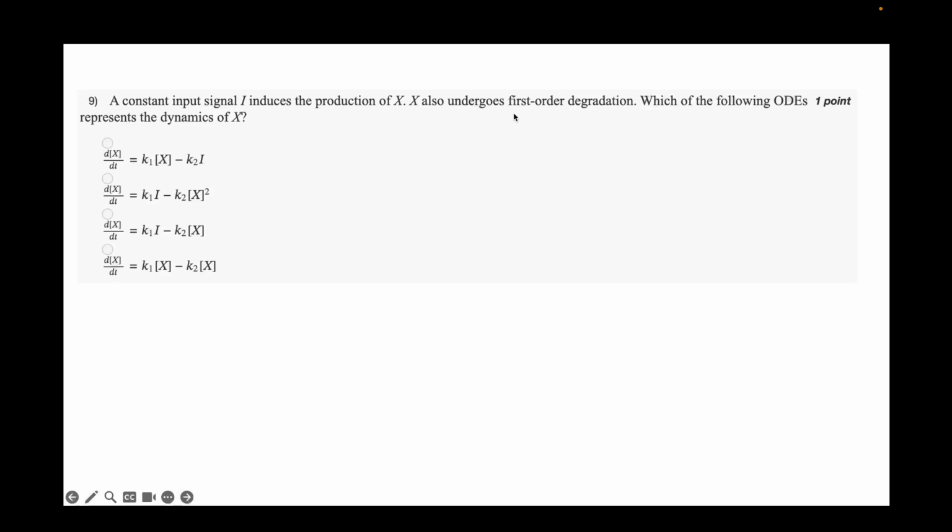C is the correct option because I is involved and this is the first order degradation. This is incorrect. This is production, and this also is correct, but it does not have I. So option C is the correct option.